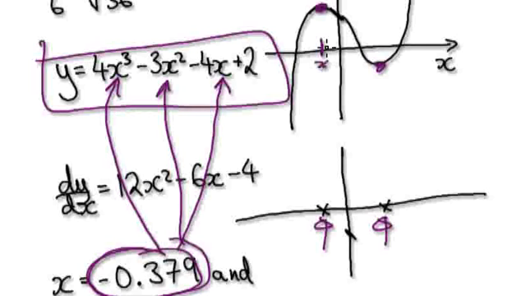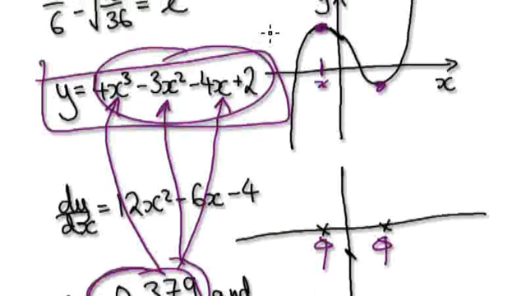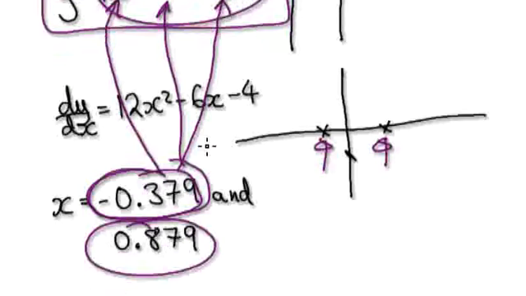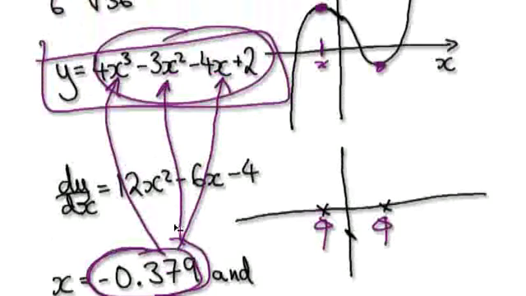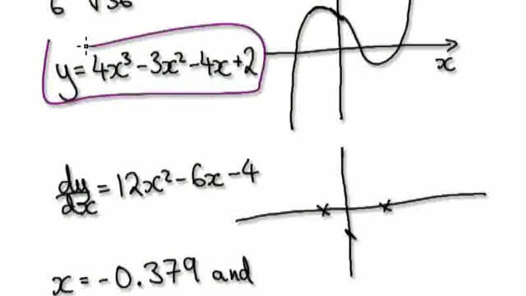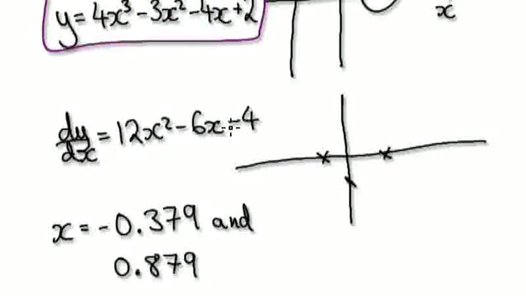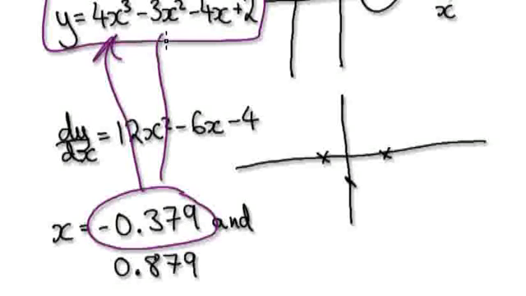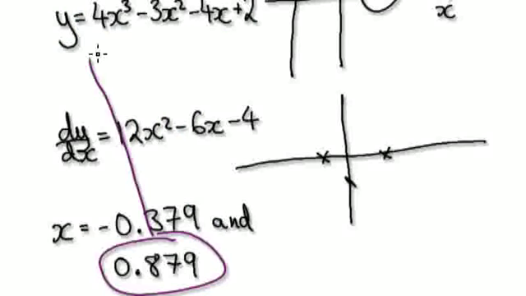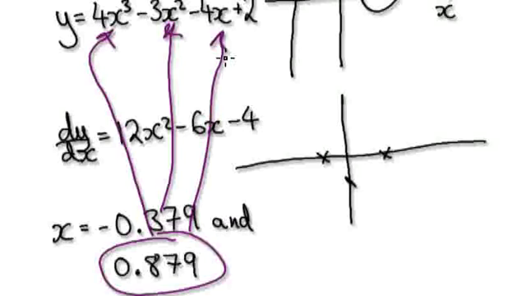You already know the x value here. Sorry, I'm not making this very clear. Basically, put this into here to work out the y value, and then also put this into here.